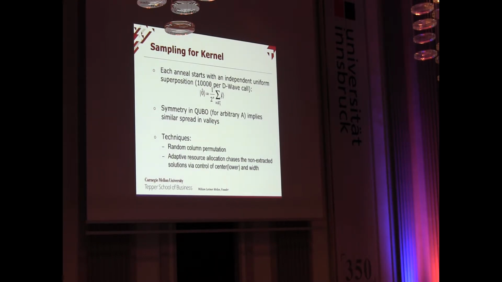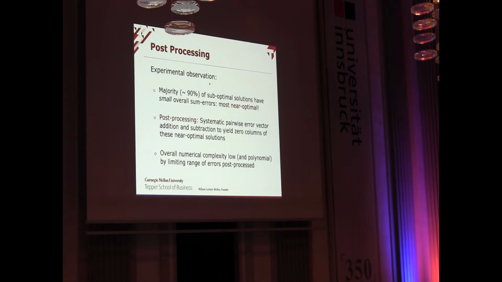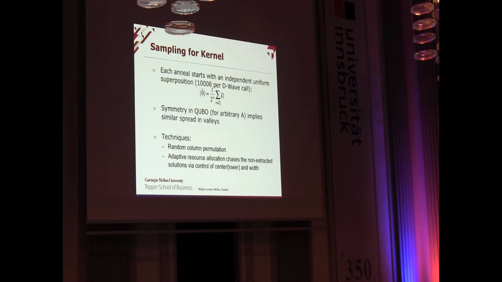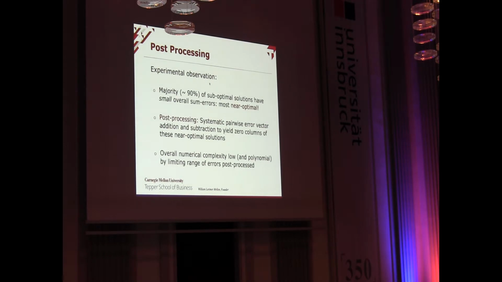That's why I ask why we cannot increase the number of anneals from 10,000 to, let's say, 100,000, because when we want to have many solutions, we need that. Also, we assume that our QUBO has symmetry. And we also permute the columns so that our QUBO in the next iteration becomes more and more symmetric and we hunt more of the variables.